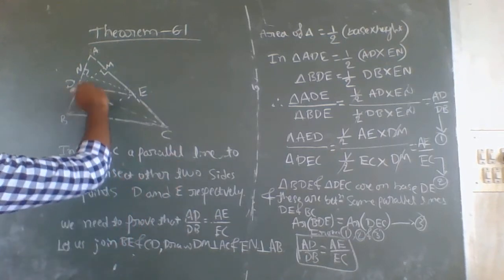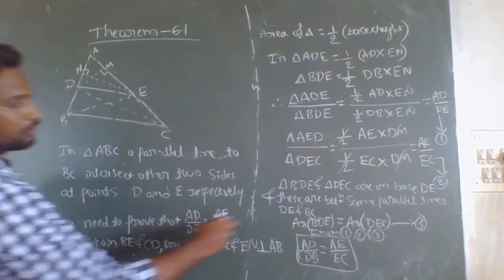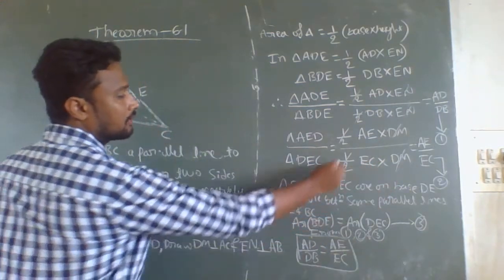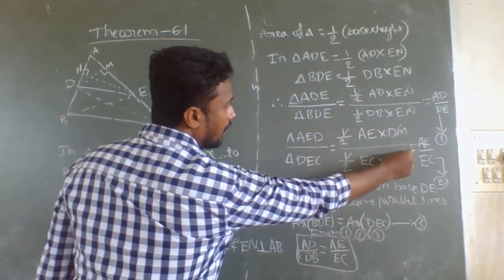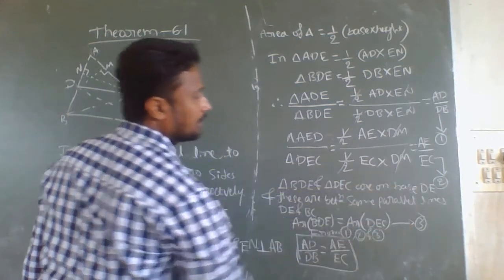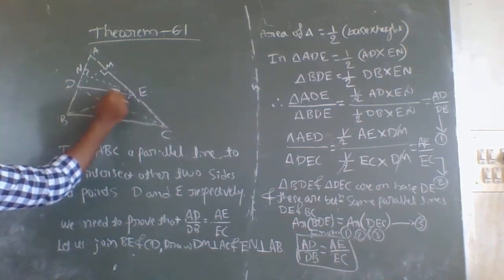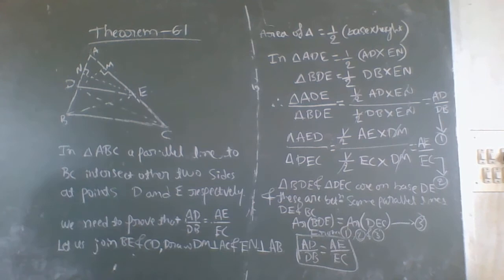Height is DM, because this DM is perpendicular to AC. Therefore, height is DM. Now I can cancel this 1 by 2 and 1 by 2 and DM. So here I got AE by EC. This is second.